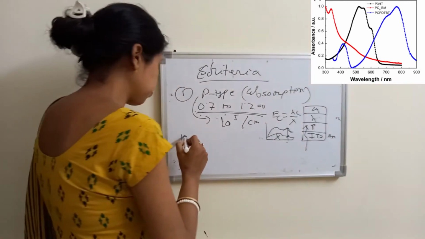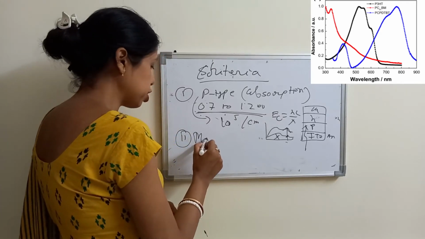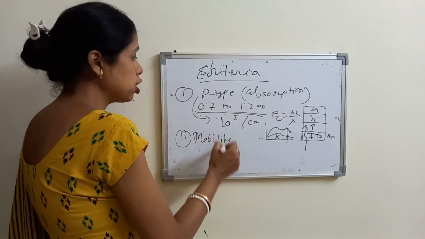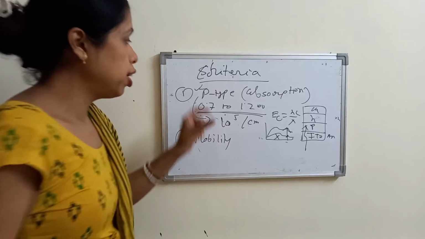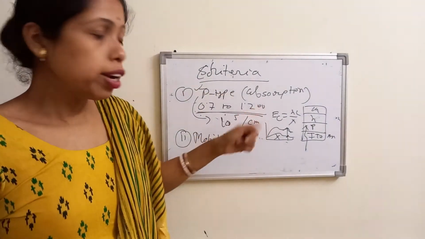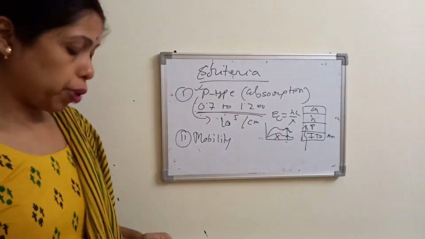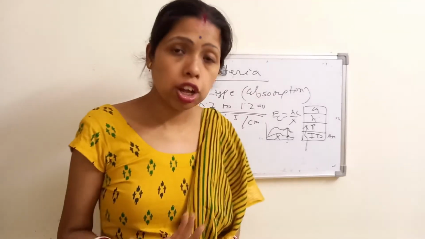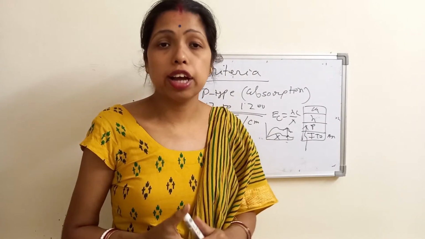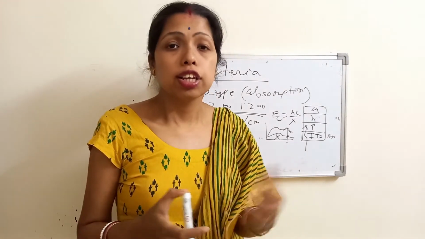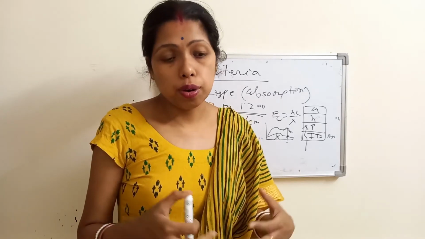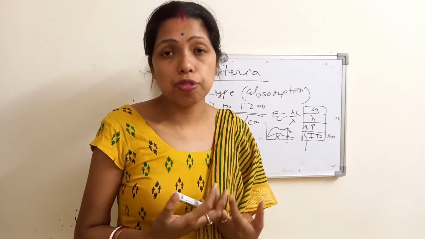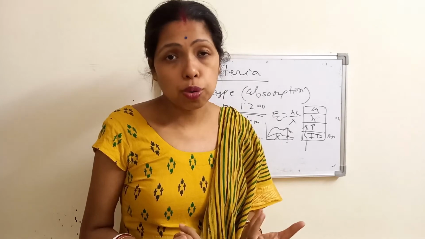Next is the mobility. So this was related to optical properties, right? Next are the electrical properties. After generation of the exciton, it has to transport, and after dissociation of the exciton, the hopping transport of the carrier should be proficient.